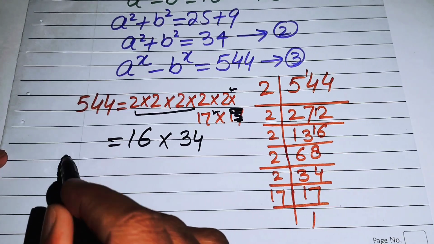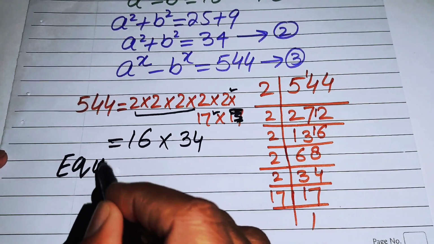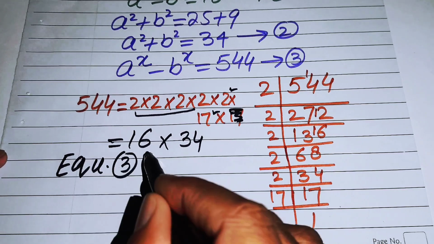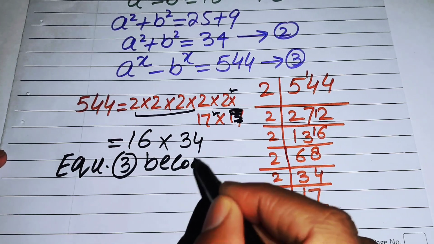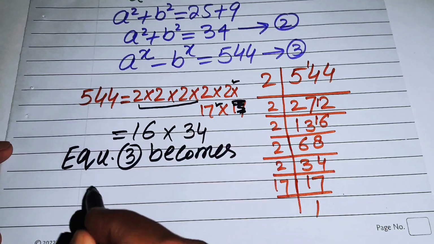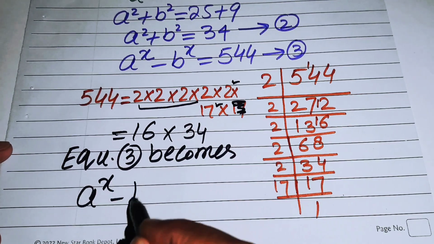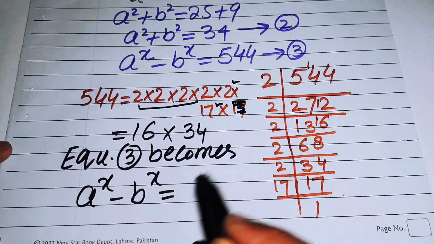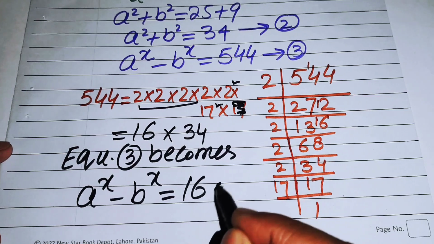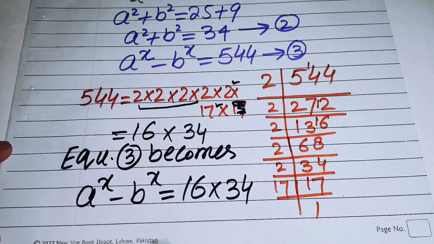So our equation number 3 becomes a to the power of x minus b to the power of x equals 16 multiplied by 34.